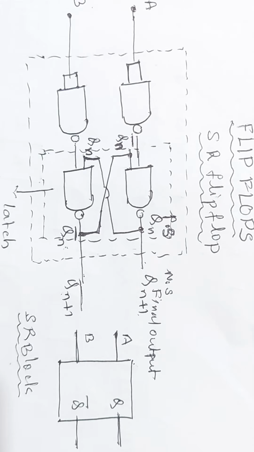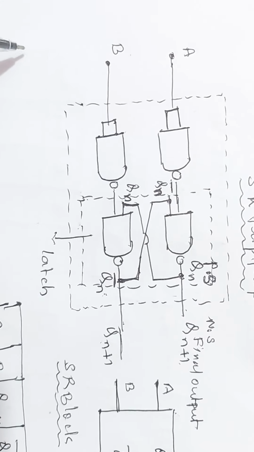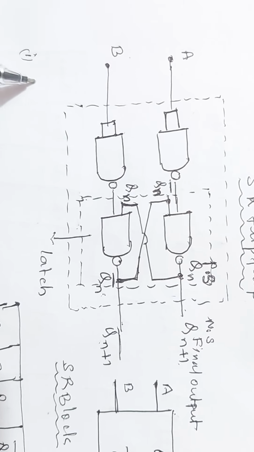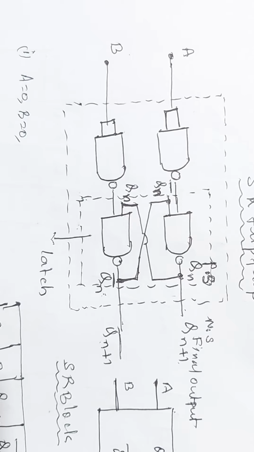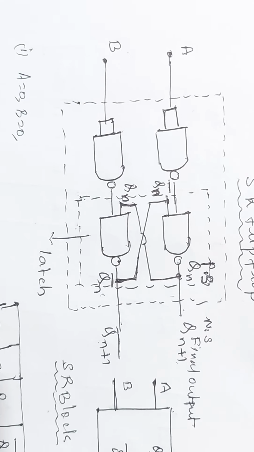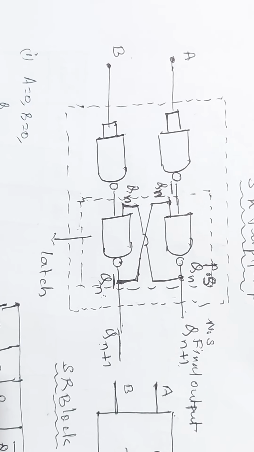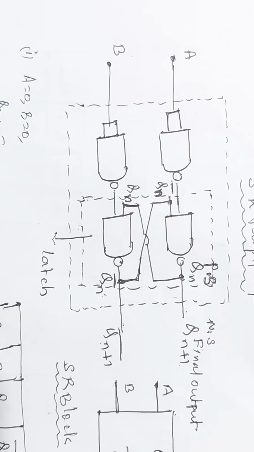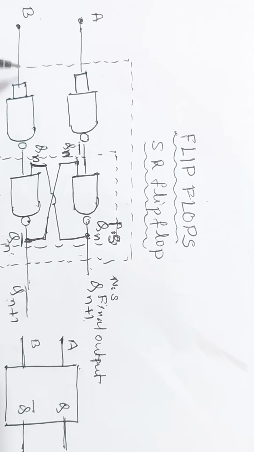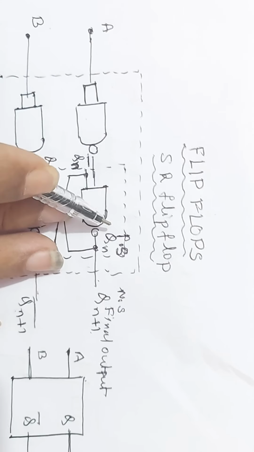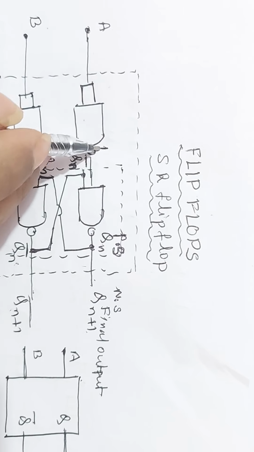First input condition. In the first case, A is equal to 0, B is equal to 0. What is the output Qn+1? When A equals 0, B equals 0, since one input of this NAND gate is 0, the output is 1.